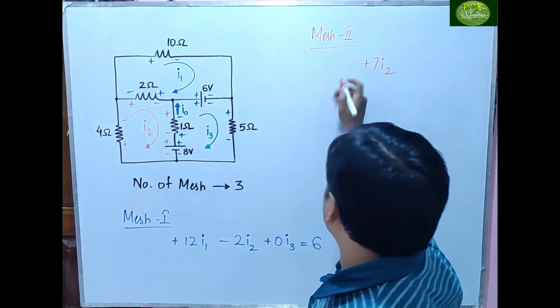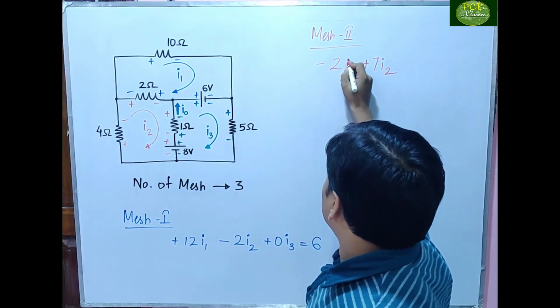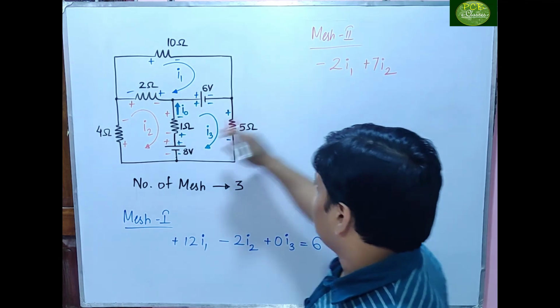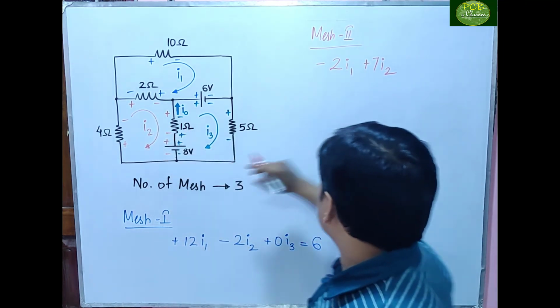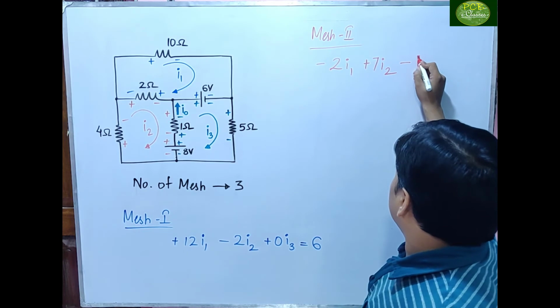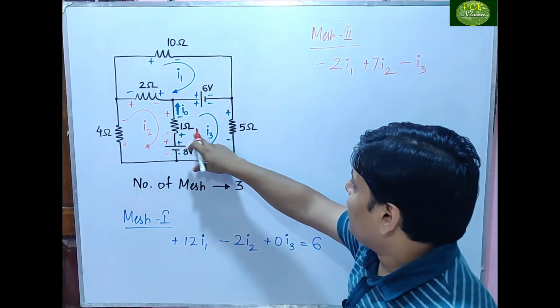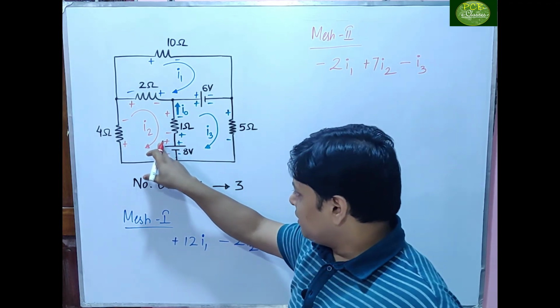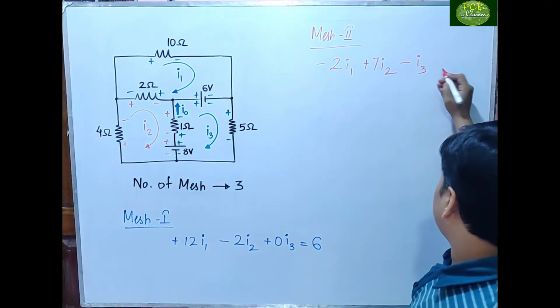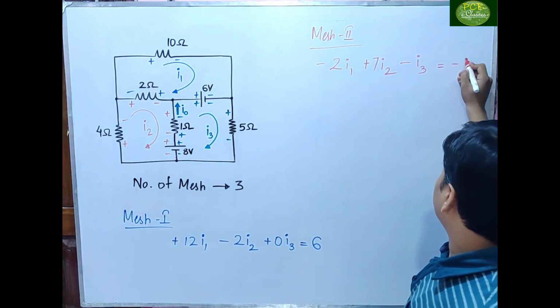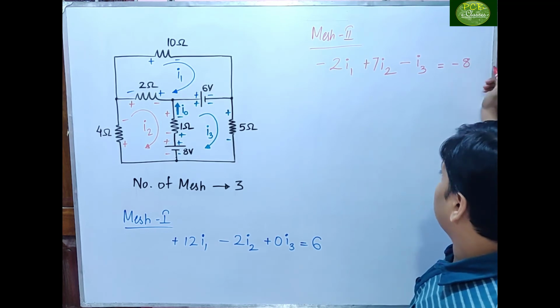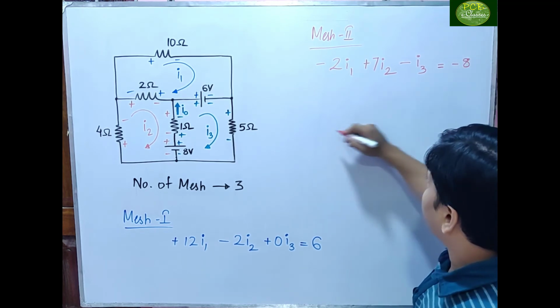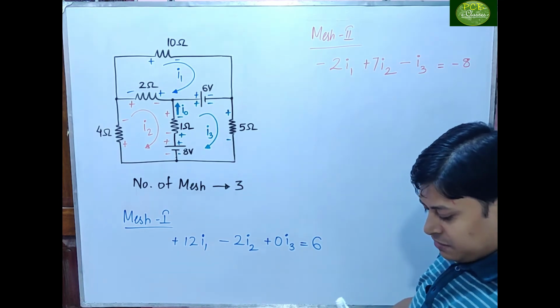So it is minus 2 I1. Right? Here I3 is flowing. So minus 1 into I3. Now is there any voltage source? Yes. Where it is entering? Positive. So that side it will be negative. So it is minus 8. Fine. This is the second mesh equation.